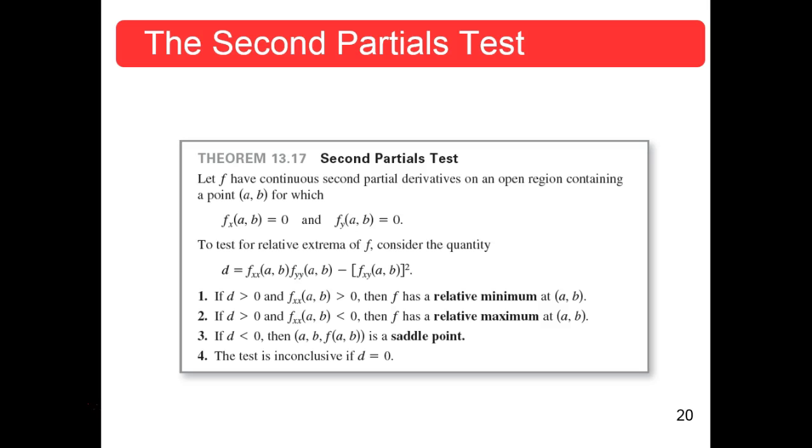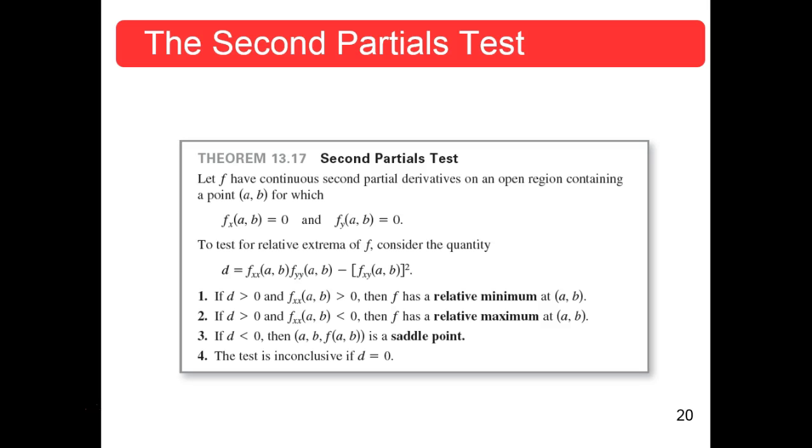That means that if D was negative, either one or the other of f sub xx and f sub yy is negative, because then you subtract from that... I keep wanting to say cross product.